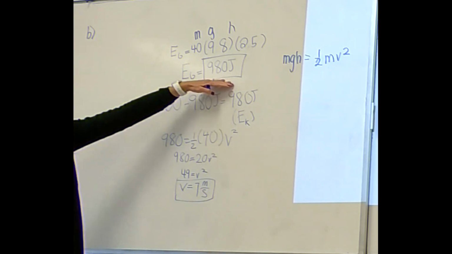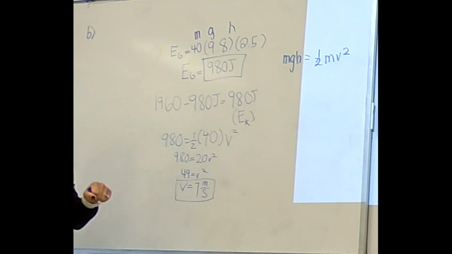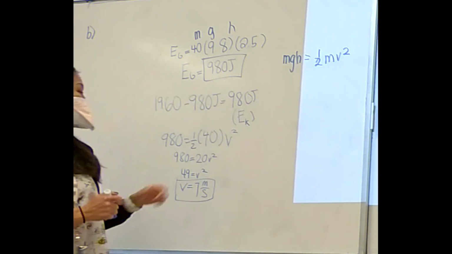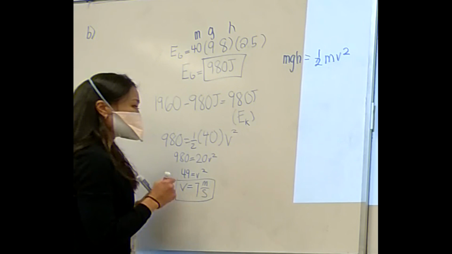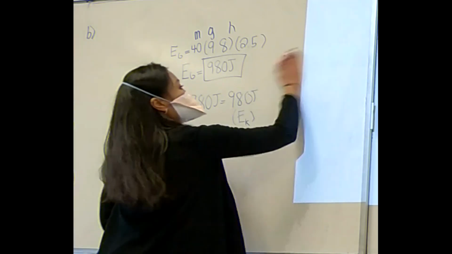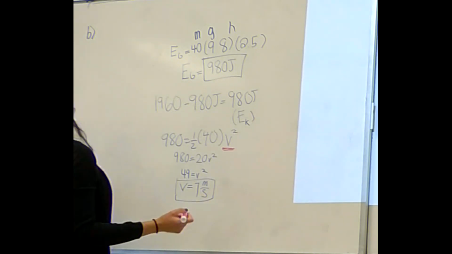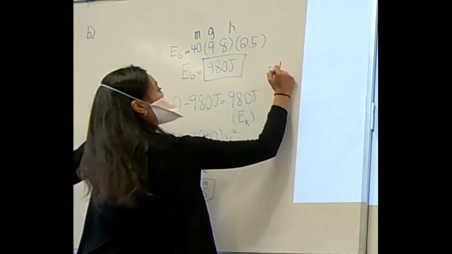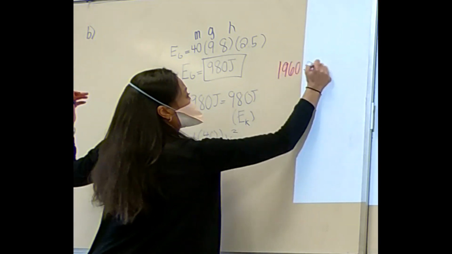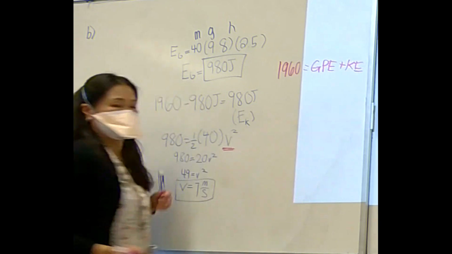Because 980 joules is our gravitational potential energy, we need to figure out, if we're trying to solve for velocity, what is left over? Because our total energy, this 1960, is equal to GPE plus kinetic energy.